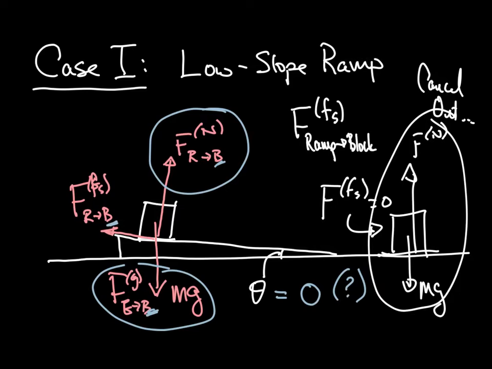Now let's figure out what it'll equal when we're not considering this angle to be 0. So if we have a ramp, an angle, and I'm going to make a teeny tiny block up here.